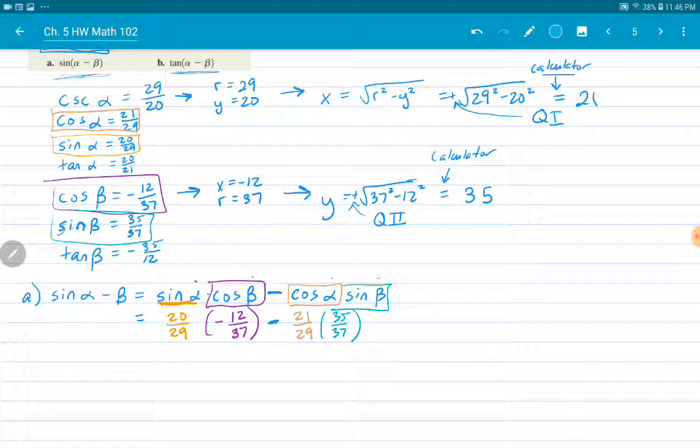And now it is a calculator issue again. I would take my calculator and multiply 20 times negative 12 all over 37 times 29. They both have the same common denominator, actually, 37 times 29. And then minus 21 times 35.